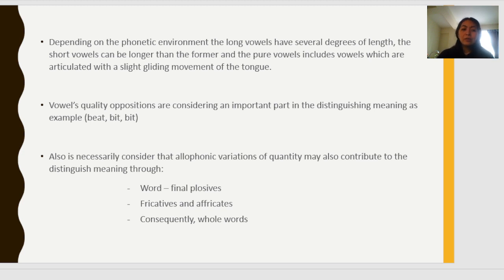Also, it's necessary to consider that allophonic variation of quantity may also contribute to the distinction of meaning through word-final plosives, fricatives, and affricates.